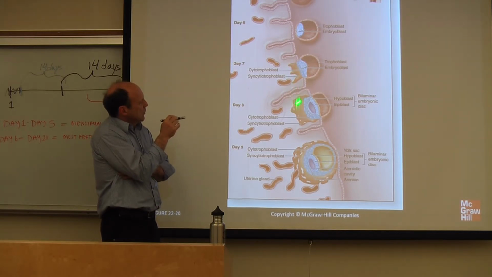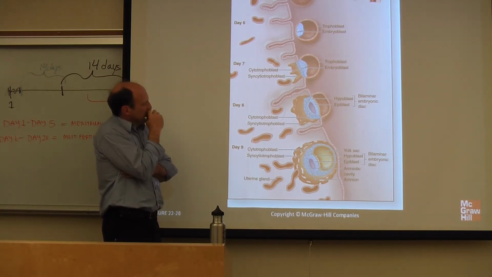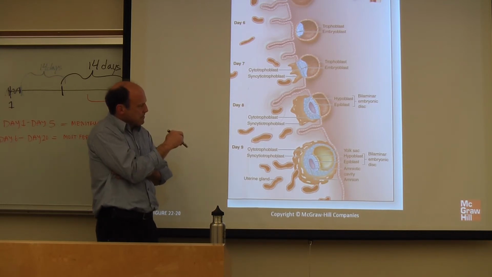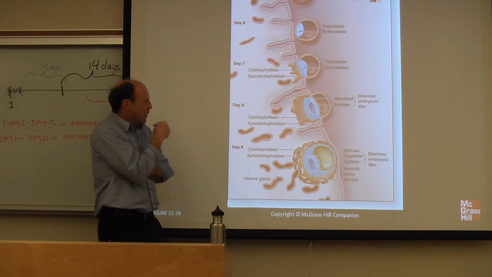So then there's a couple of different stages to this. But basically it actually kind of gets right into the tissue with the cytotrophoblast. So I think that that's enough.